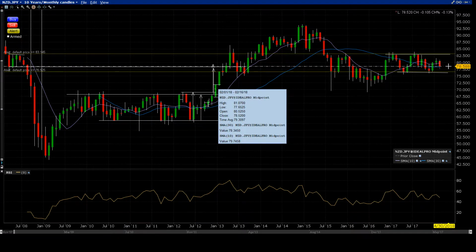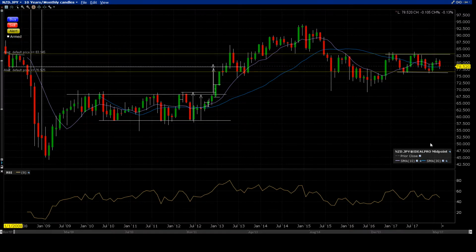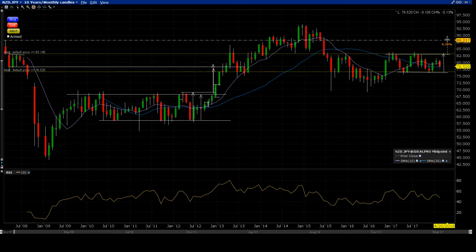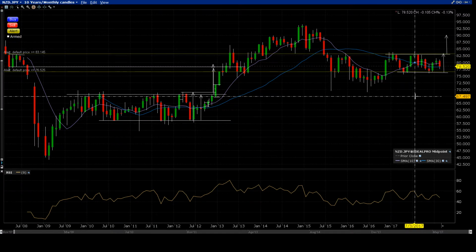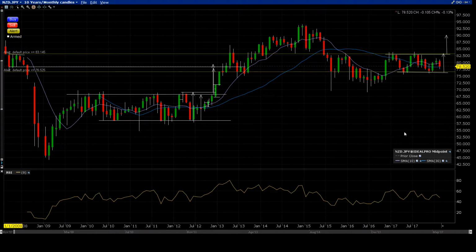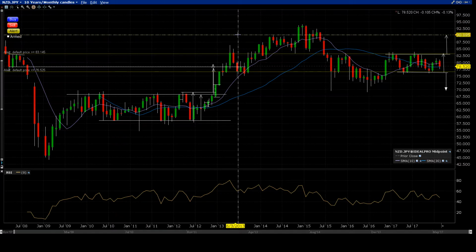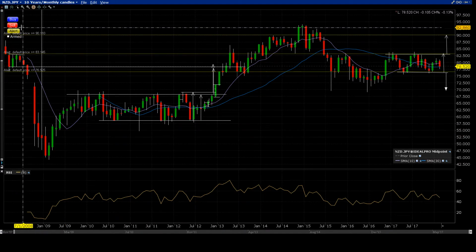So price action is right there. Measured moves, right there. So we'd have a move to about 90 if there's a breakout, and a move to about 70 if there's a breakdown. And we'll put alerts there just in case I never get back to it.